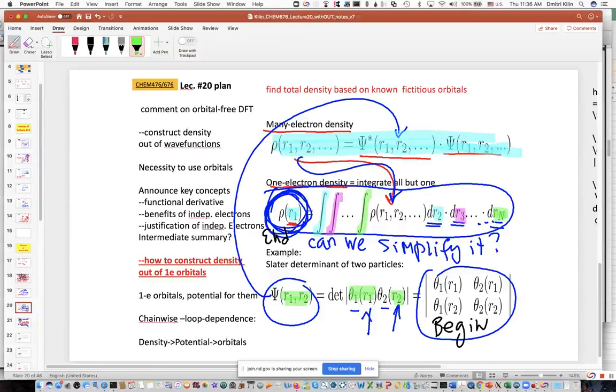We can form the many-electron wave function as a Slater determinant, 1, 2, minus 2, 1. Then we will plug this Slater determinant into the first line and then into the second line, and just see what happens. I assure you that you will not regret the result, you will enjoy it, and it will be beautiful.